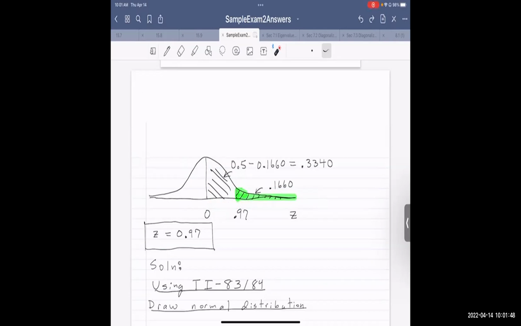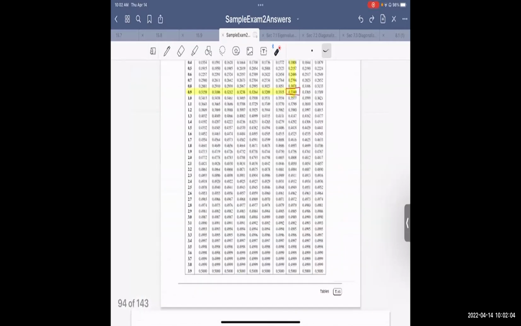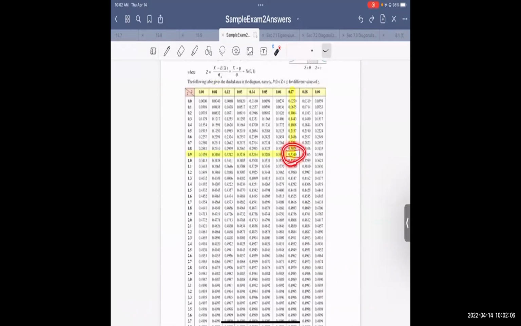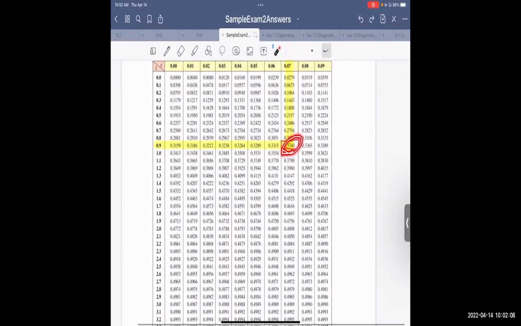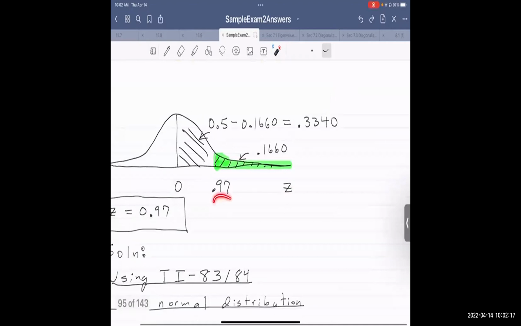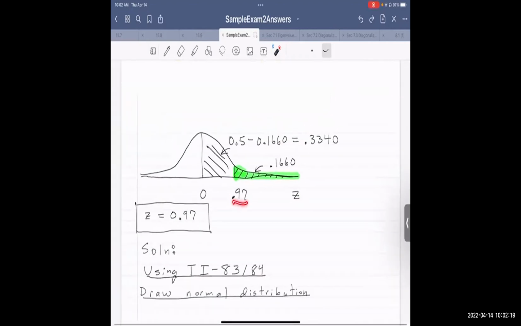Therefore, the area between 0 and the value we want to determine is 0.5 minus 0.1160, so I want to look for 0.3340 in my table. And there it is. I have a corresponding z-value of 0.97. And so my z-value is 0.97.